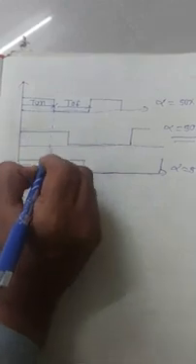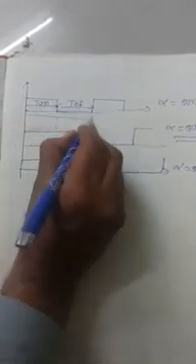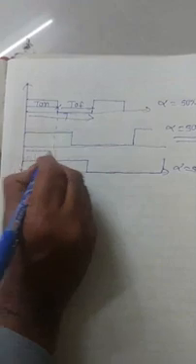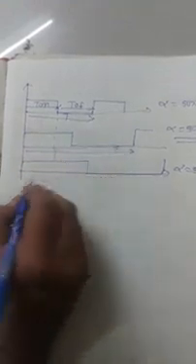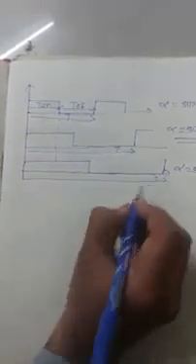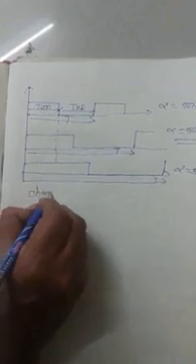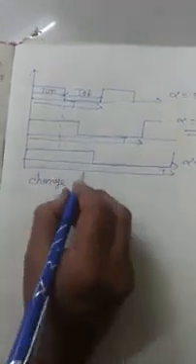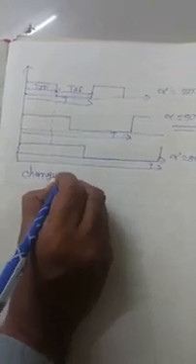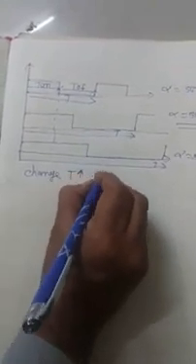In this case, this is total time period T, and similarly total time period T. Therefore the time T is changed, and similarly the frequency is changed.